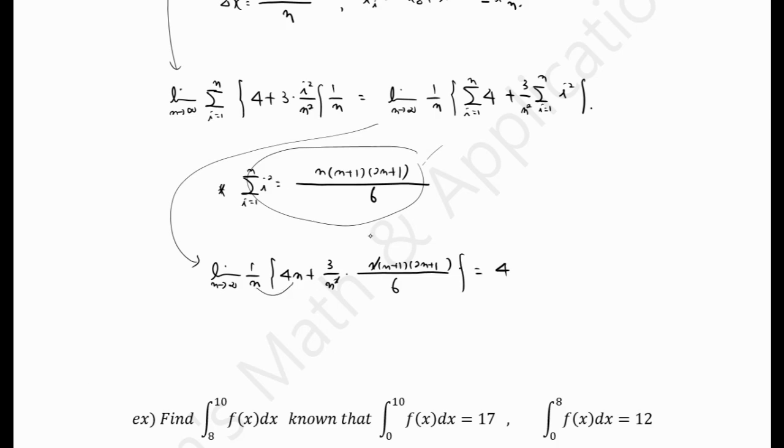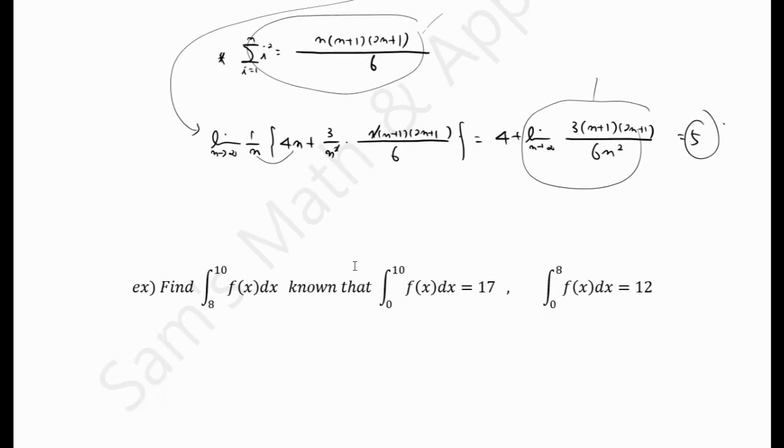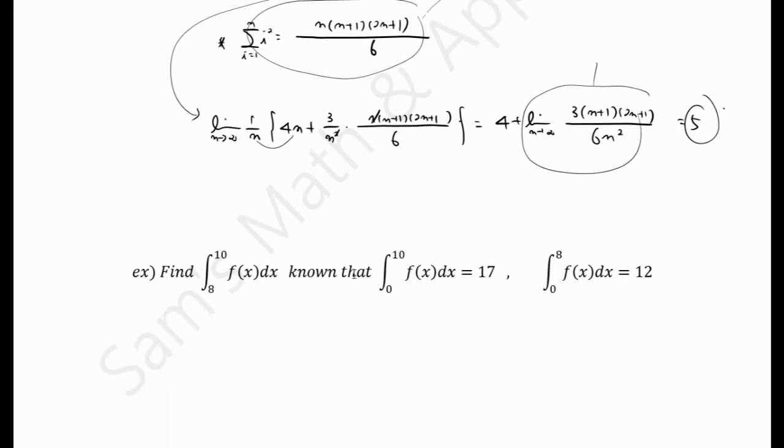This is 4 plus the limit as n approaches infinity of (n plus 1)(2n plus 1) over 2n squared, and this limit is 1, so this is 5. The answer is 5.